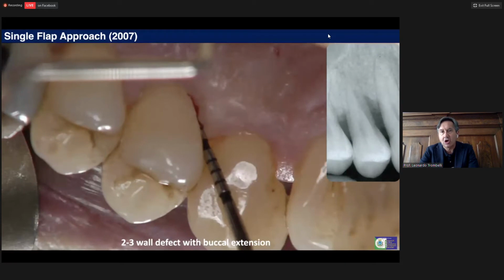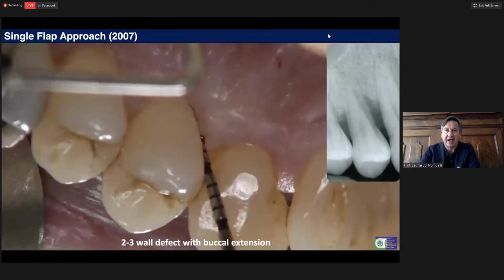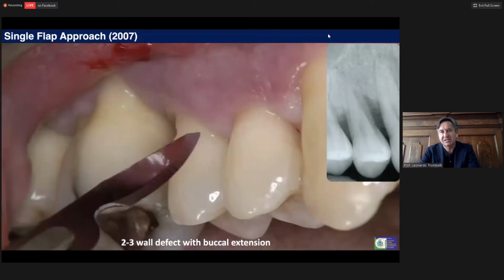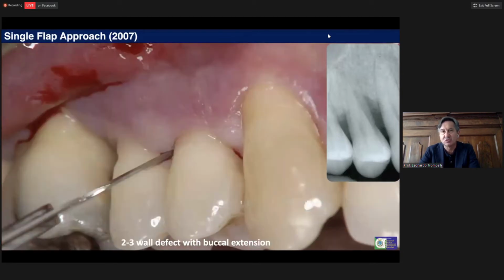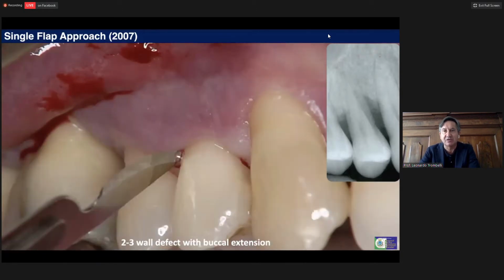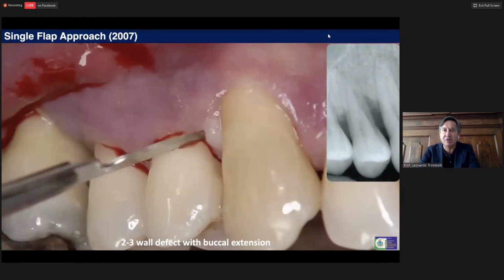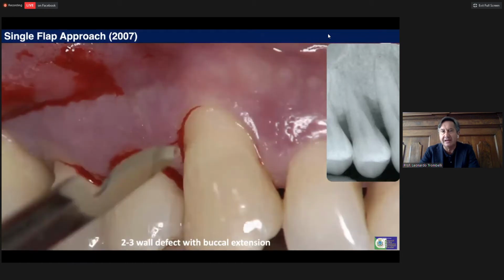So the concept is that we want to elevate the flap in relation to the extension of the lesion. If the lesion extends predominantly on the buccal aspect, which is usually the case, as in this particular case, we go through an intrasulcular incision, and when we come to the defect, we go through a buccal joint incision, as you can see here, leaving the entire volume of the papilla.